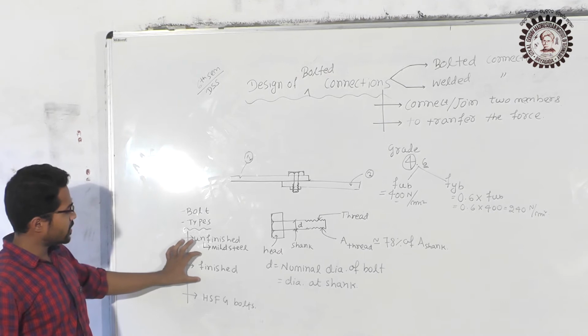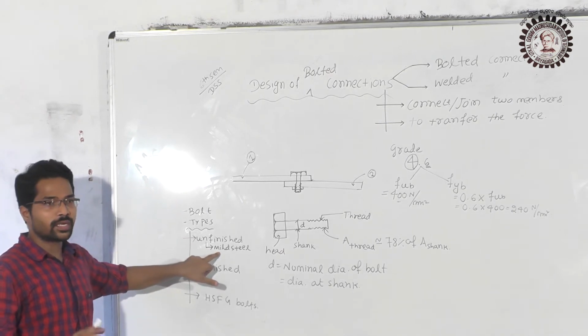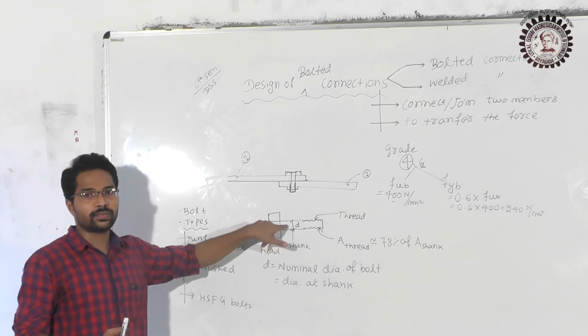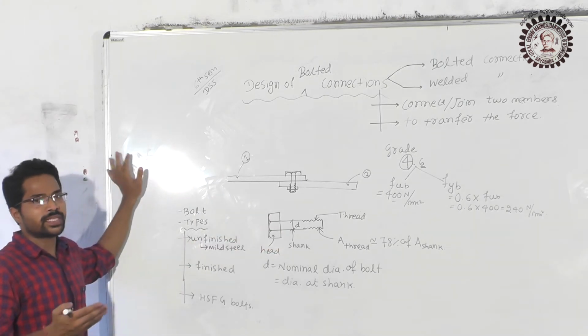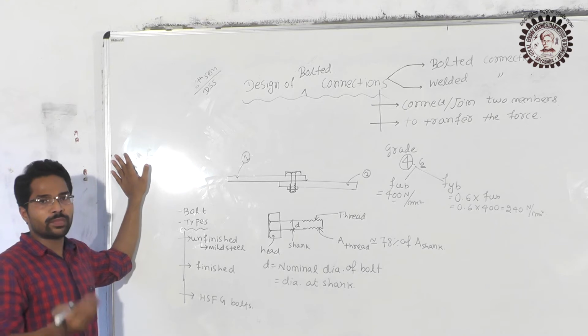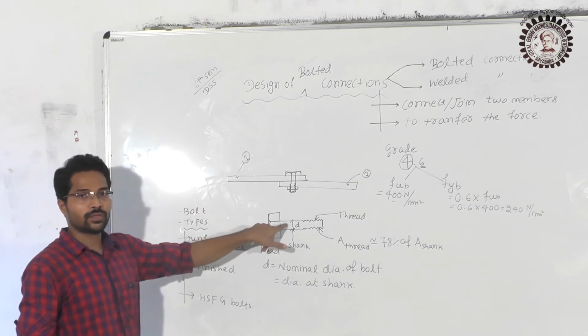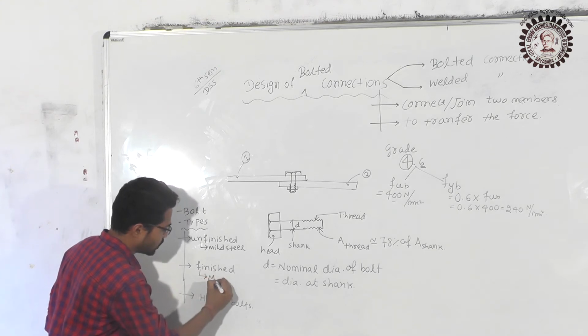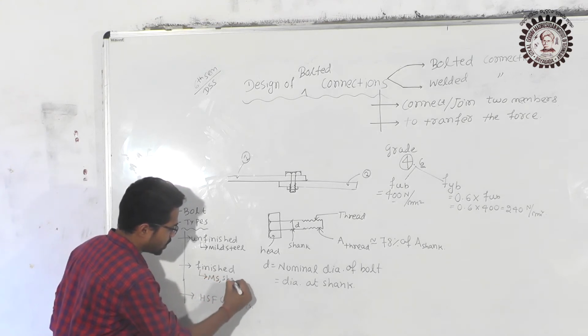Finished bolt is again made of mild steel, but the difference is here the shank part is finished. Finished means using some machines or using some rolling methods, it is made rough. The shank part is made rough.